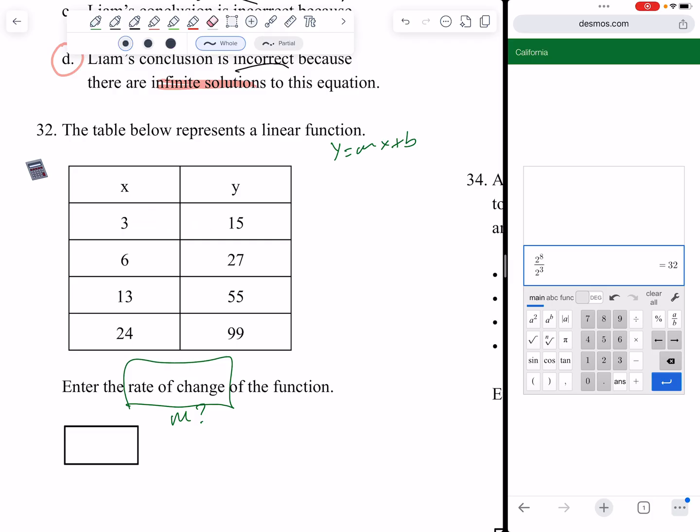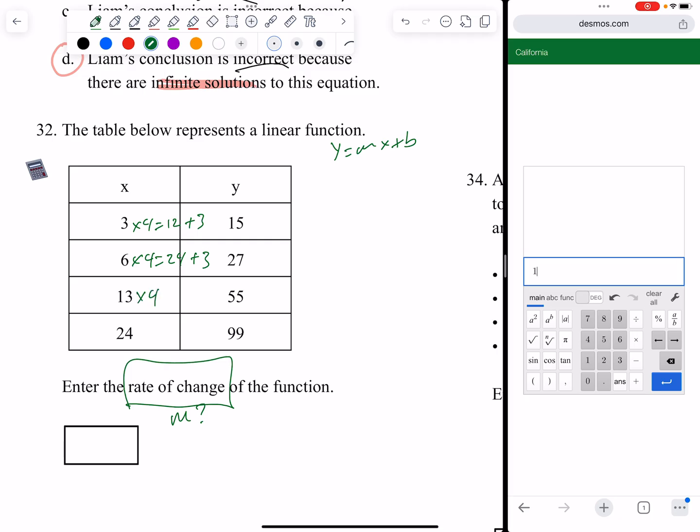Okay, so let me try 6. 6 times 4, that gives me 24 plus 3 equals 27. 3 times 4 equals 12. 12 plus 3 equals 15. 13 times 4, I don't know what the heck that is. 13 times 4 equals 52. Then I add 3, that equals 55.